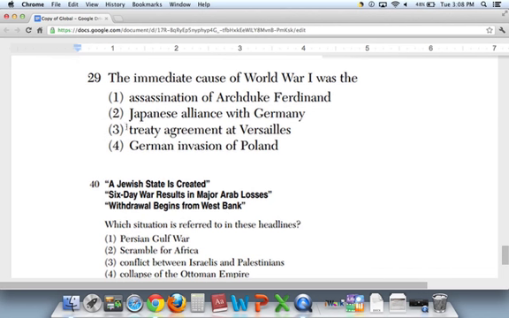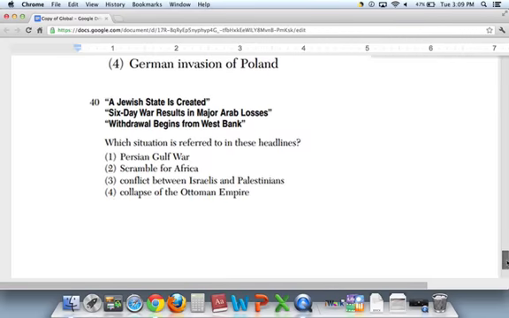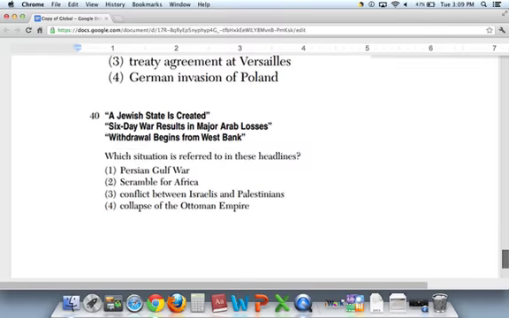Choice 3 came after World War I, and that's what triggered World War II, so that has nothing to do with being a cause of World War I. And then the Japanese alliance with Germany happened during World War II, so that's ultimately eliminated. So choices 2, 3, and 4 are eliminated, leaving choice 1, assassination of Archduke Ferdinand. His death caused World War I to arise. So the correct answer is 1.